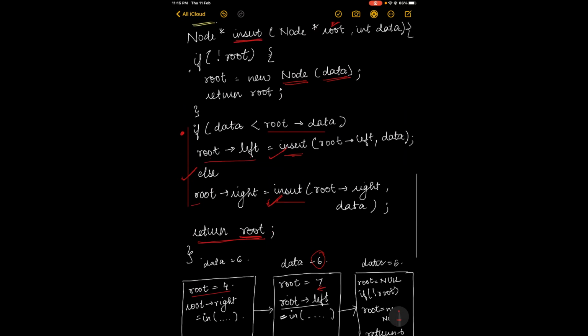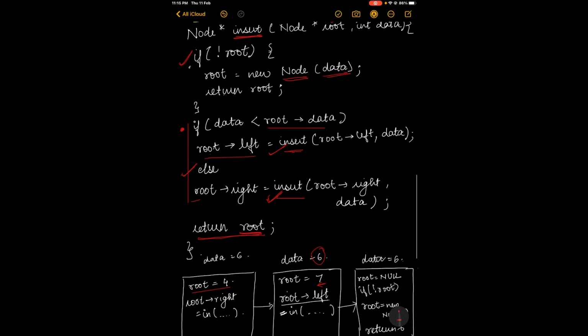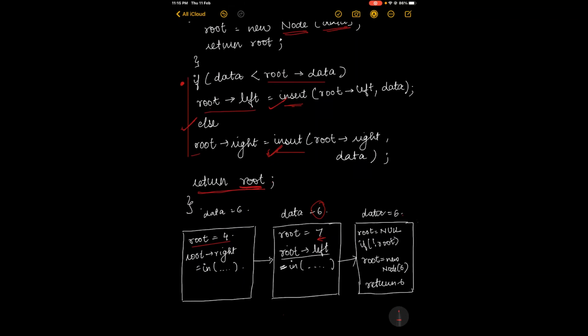So when the root is null, we have this if condition here. The data is 6 and the root is null. So now we'll be forming a new node initialized with this data equal to 6, and then that node 6 will be returned.